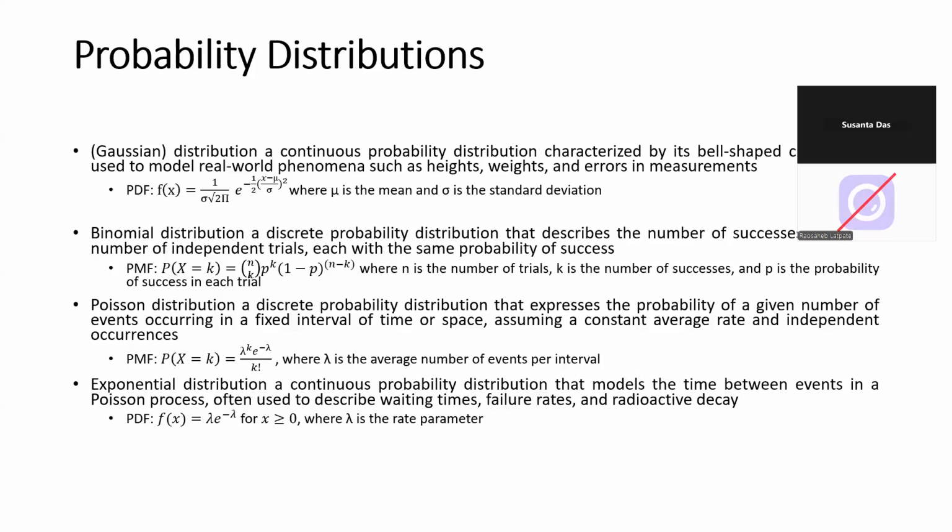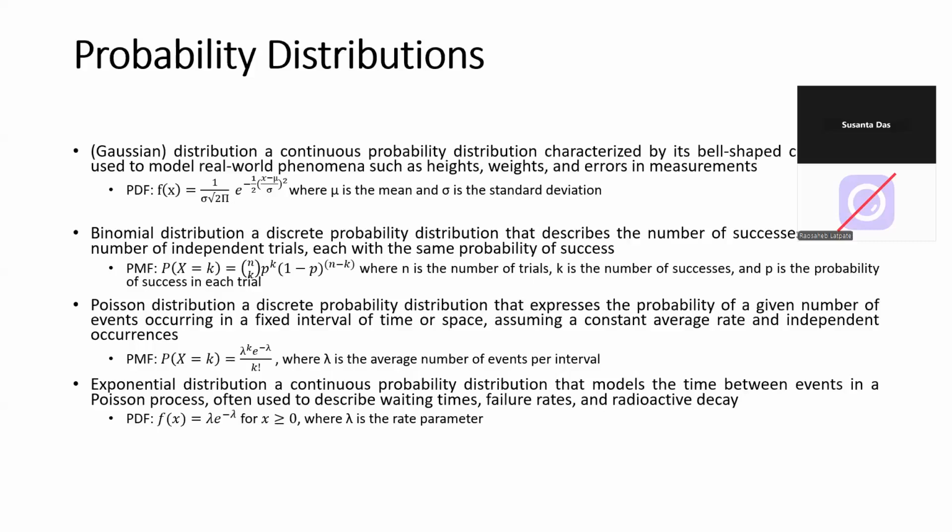There are n trials and k successes. Probability of X equals k equals nCk, meaning n combination k, times the probability of success p raised to the power k, times 1 minus p, which means failure, raised to the power n minus k. This is the probability mass function for the binomial distribution.